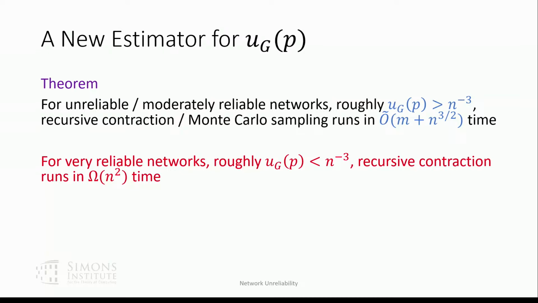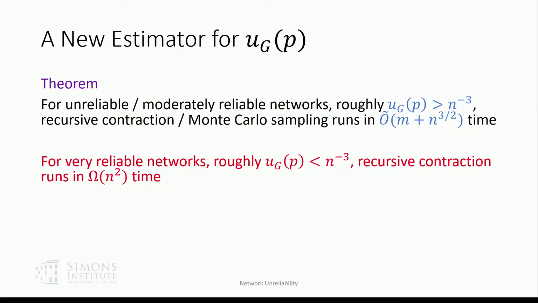Our best analysis at the moment stops at n to the negative 3. This negative result might need a smaller value of u depending on what the graph is. But there is a value of u and a particular graph where if you run the previous algorithms, they will actually take n squared time. Yeah.